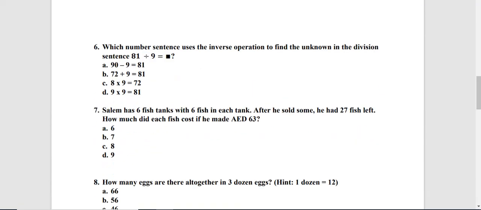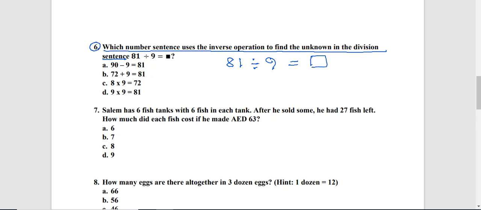Question number 6. Which number sentence uses the inverse operation to find the unknown in the division sentence? So we are given 81 divided by 9 equals, we don't know what we're going to have here.